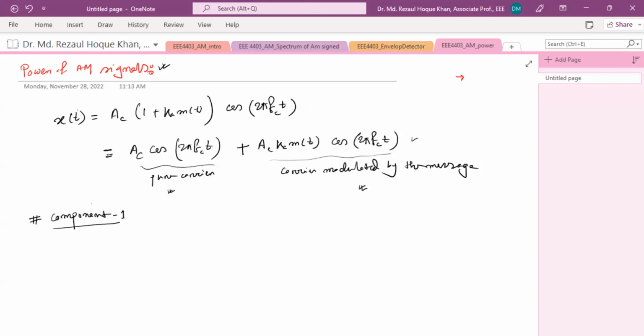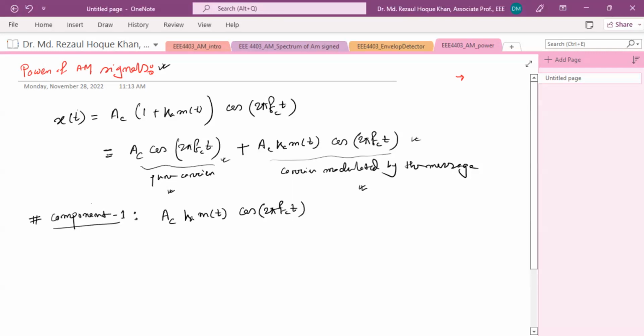This is one component, and this is another component. In component one, our signal is AC Ka m(t) cos 2 pi fc t.